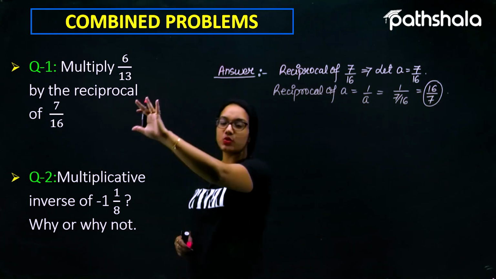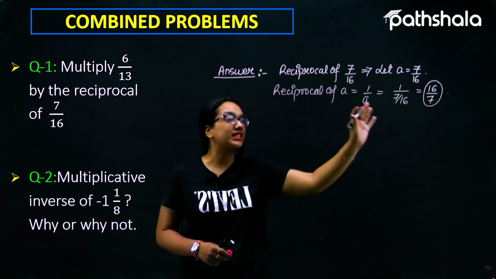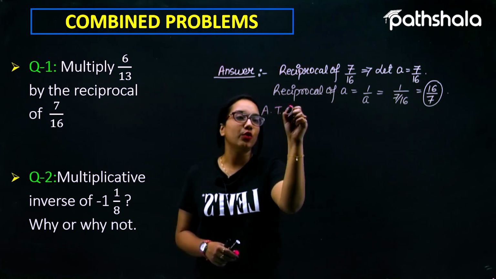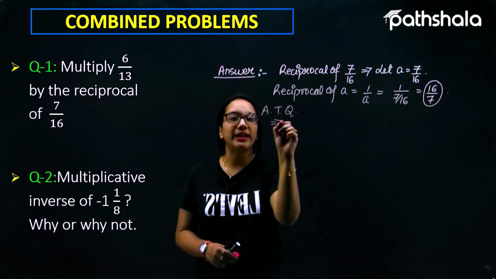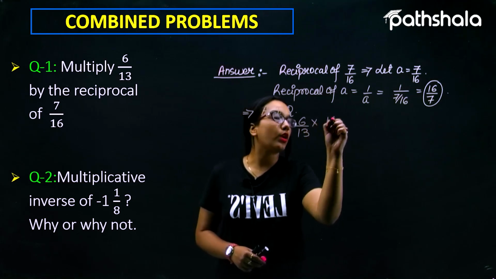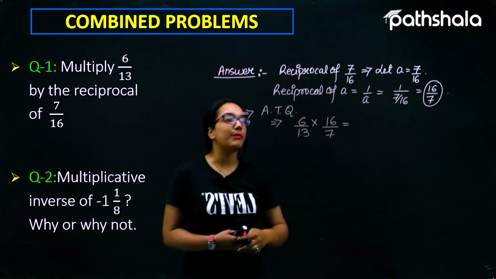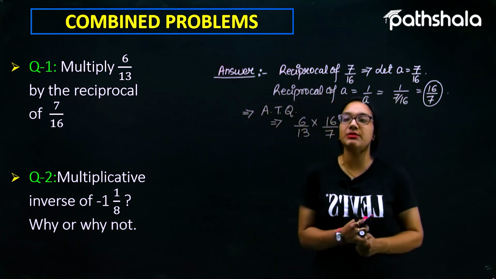As per this question, we have to multiply 6 by 13 with the reciprocal of 7 by 16. According to the question (ATQ), we multiply 6 by 13 with the reciprocal 16 by 7. Now we multiply the terms in the numerator and the terms in the denominator.